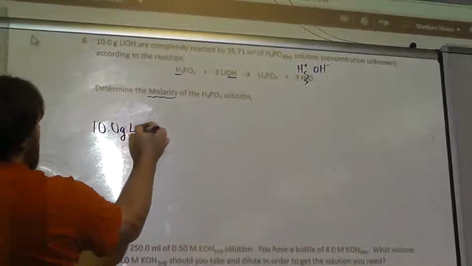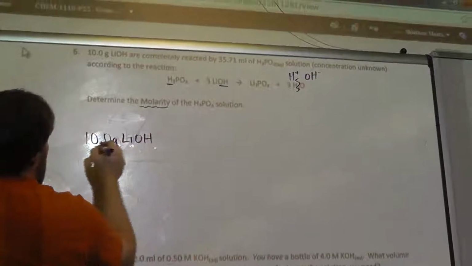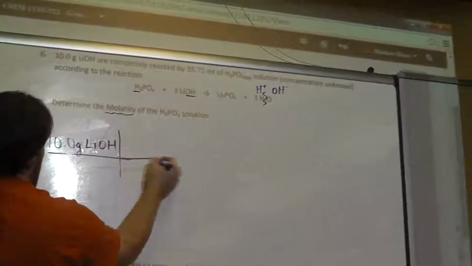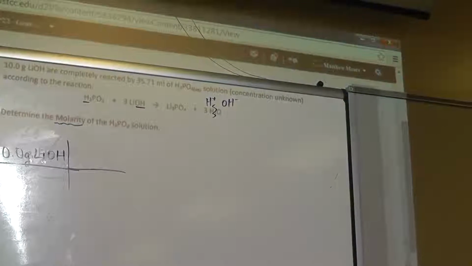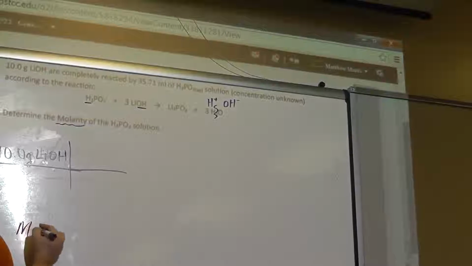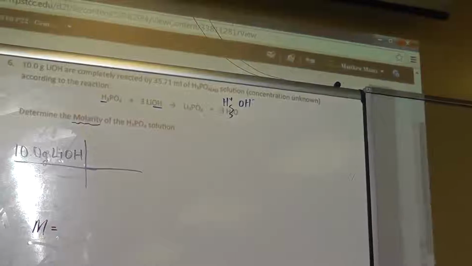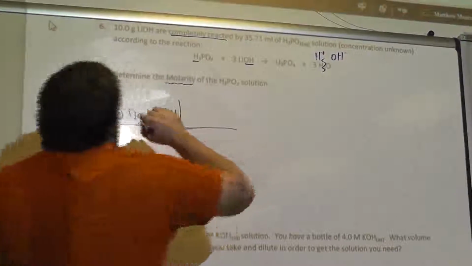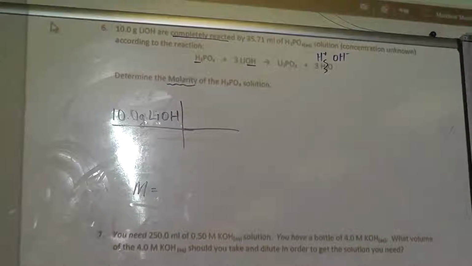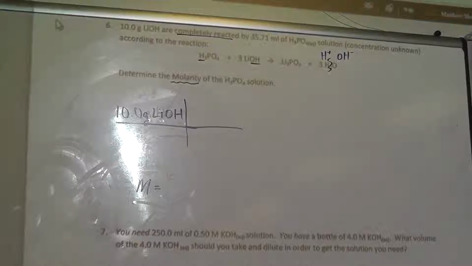So we were given the grams of the lithium hydroxide. We want to get that to moles, because I can use the molarity for that lithium hydroxide and jump to the molarity of what I need for my phosphoric acid, because it said it completely reacted exactly, right? It exactly neutralized it, 1-to-1, complete neutralization.